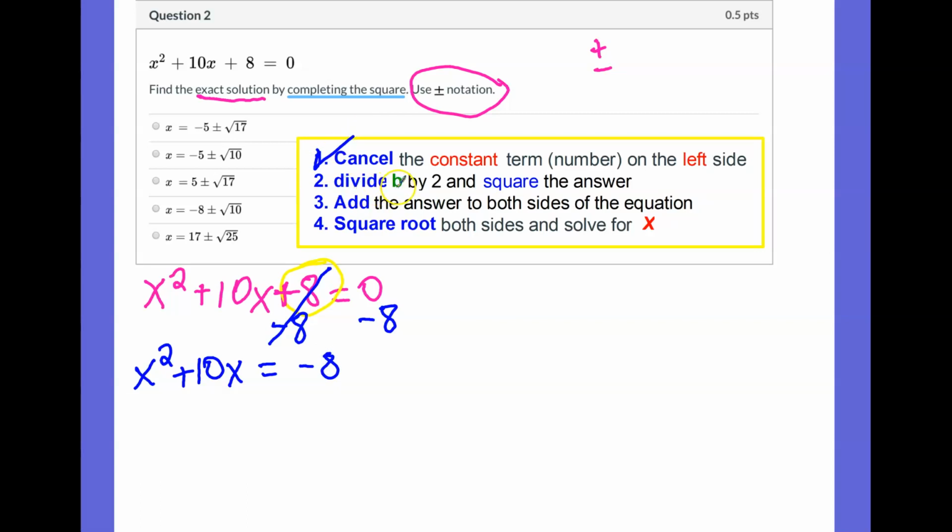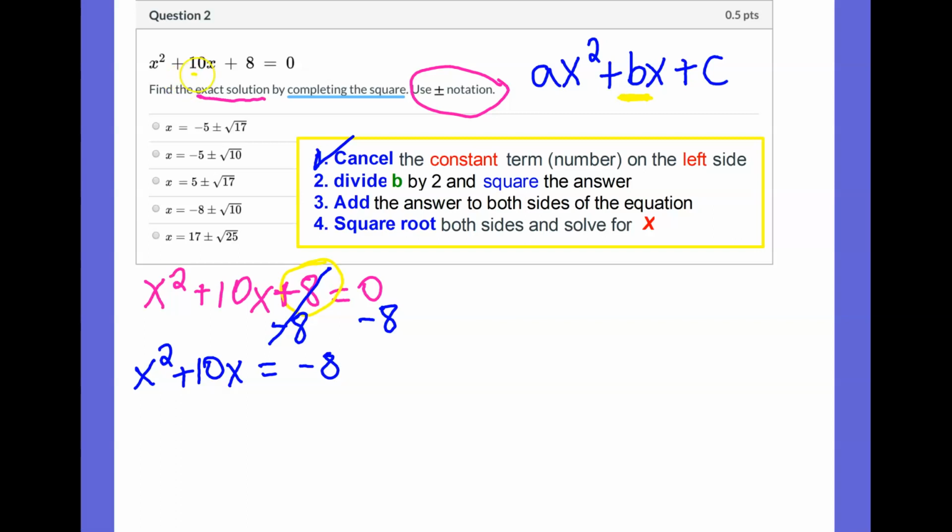Step 2, divide b by 2 and square the result. We have learned that the quadratic equation is ax squared plus bx plus c. So b is the coefficient of x.